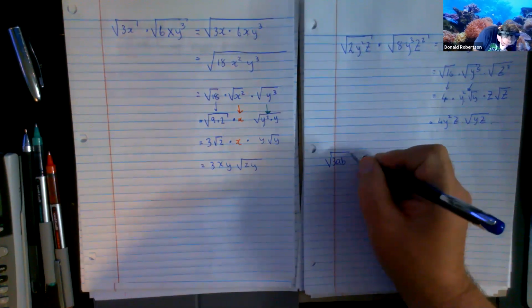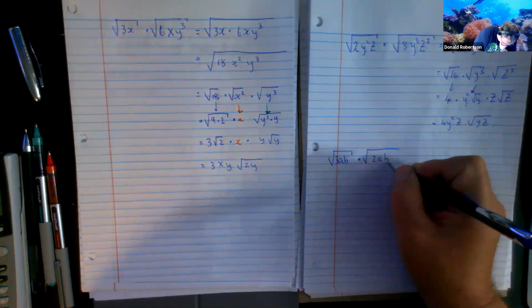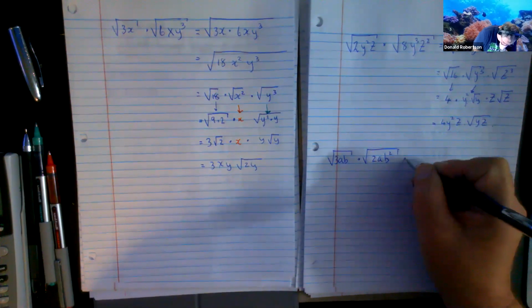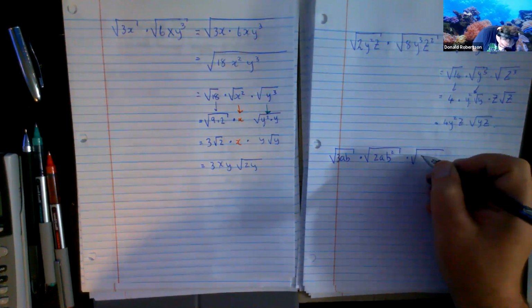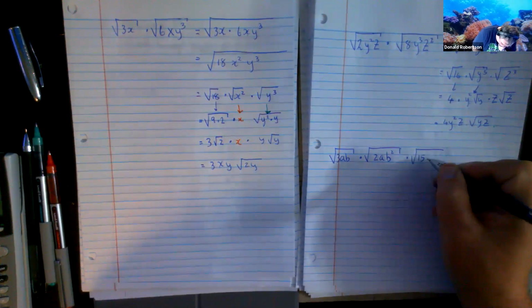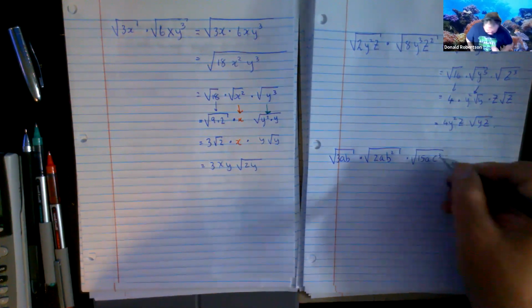3ab times 2ab squared times 15, that's a good choice, ac cubed.